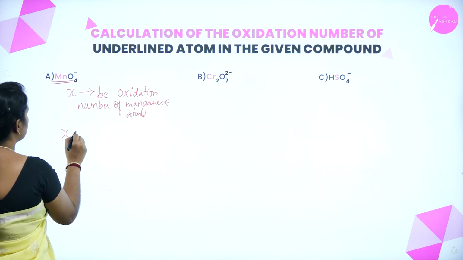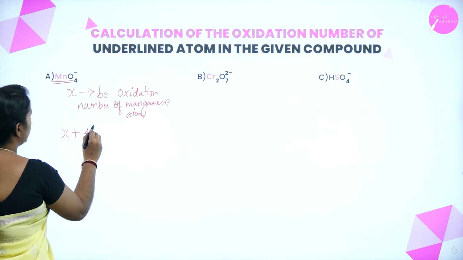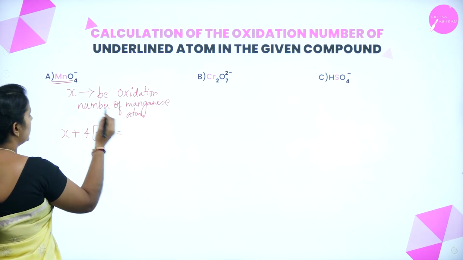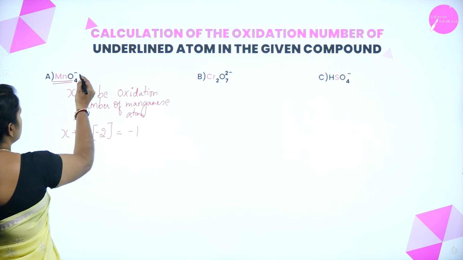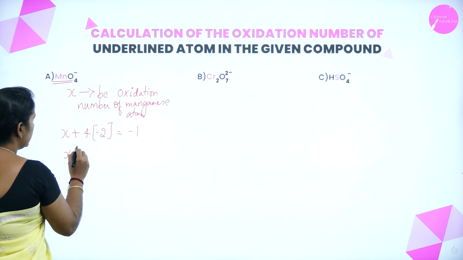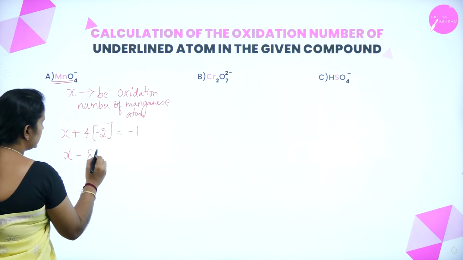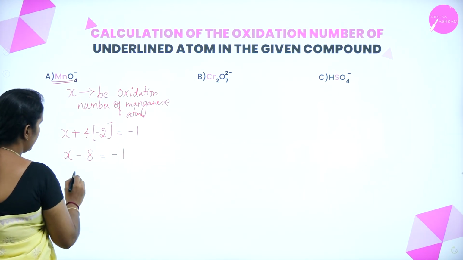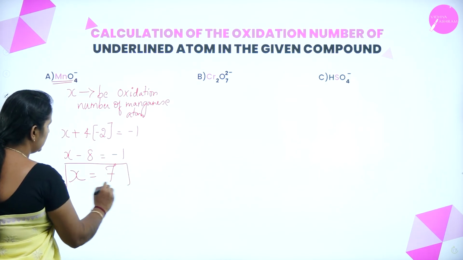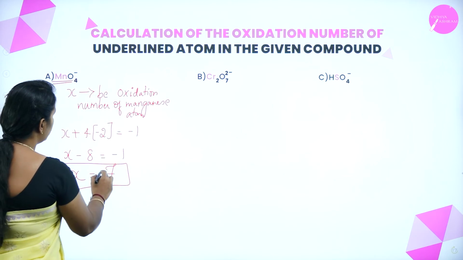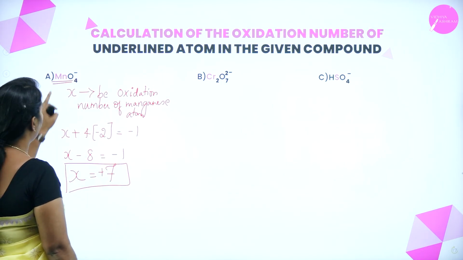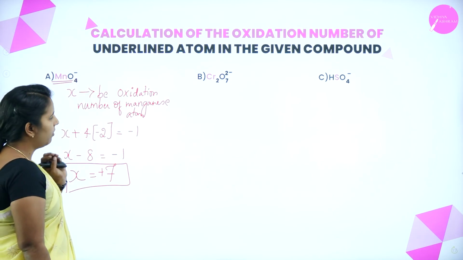So x plus 4 oxygen atoms times -2 is equal to -1, because the charge is minus, which means 1. So x minus 8 is equal to -1. So x will be 7. This is how we can easily calculate the oxidation number of the underlined element in the given compound.